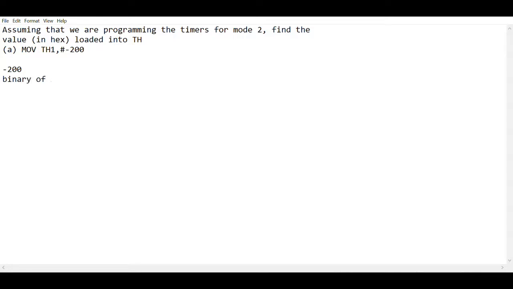Then you'll find the 2's complement of minus 200. Then that value you will convert to hex. Okay. So minus 200. So first convert to binary.